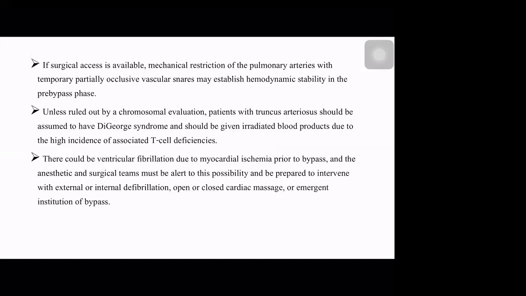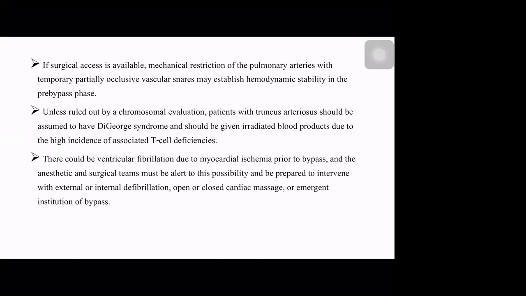If surgical access is available, that is, the surgeon has opened the pericardium, mechanical restriction of the pulmonary arteries with temporary, partially occlusive vascular snares may establish hemodynamic stability in the pre-bypass phase by restricting the pulmonary blood flow.